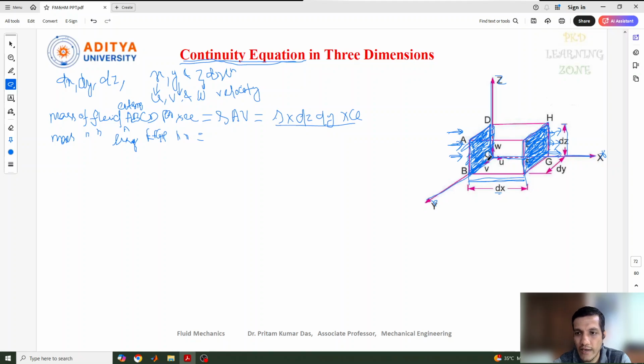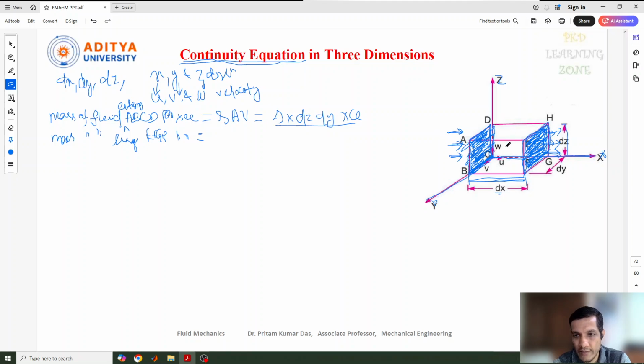So at this space, there is some change, or you can say there is a mass of fluid which also crosses this area, at this zone, this box you can see. At this zone also there will be a mass flow rate.